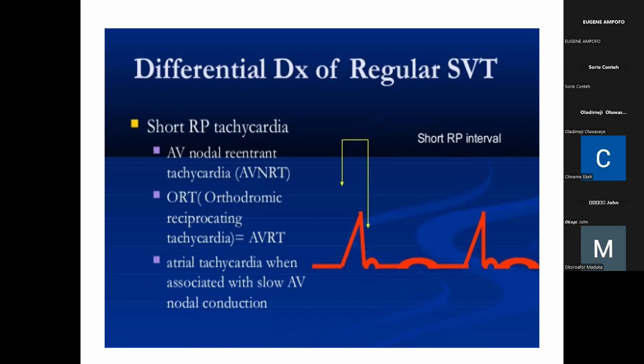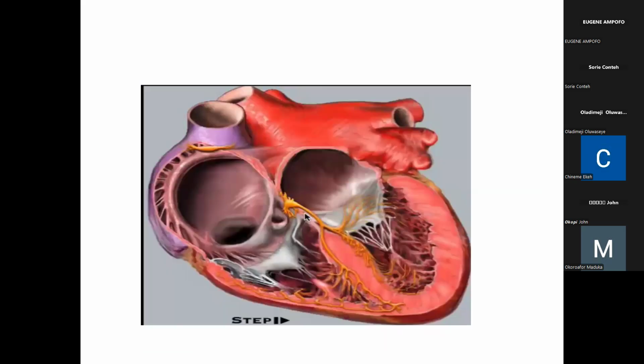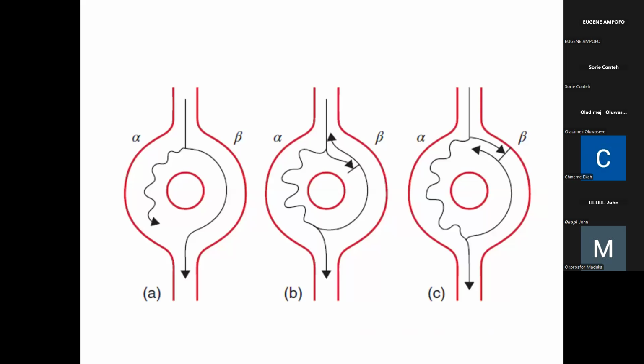So if this short RP interval has been well understood, then we can now tell you why sometimes AVNRT can also give you a long RP interval. Now, remember, we said going back to this slide, that most patients would have fast and slow pathways.